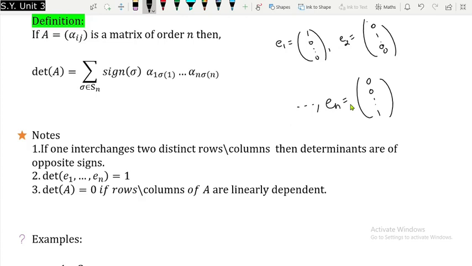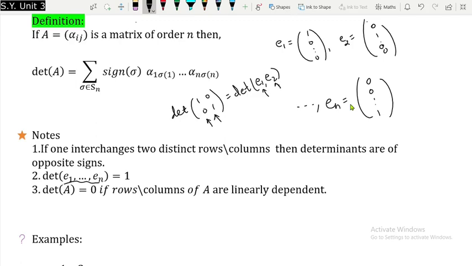So if you take the case of n equal to 2, then you will get 1 0 0 1, the identity matrix, and you already know that the determinant is 1. But how are we having this E1 E2 up to En? The thing is, if you talk about the determinant of this 1 0 0 1, I can write it as the determinant of E1 comma E2, where E1 is the first column, that is 1 0, and E2 is the second column, that is 0 1.